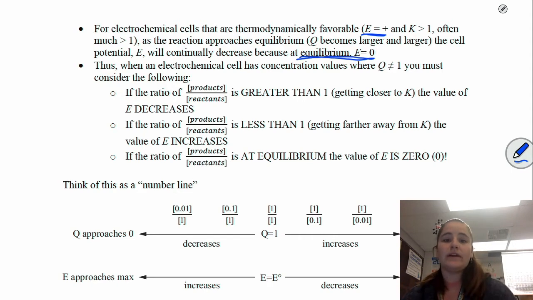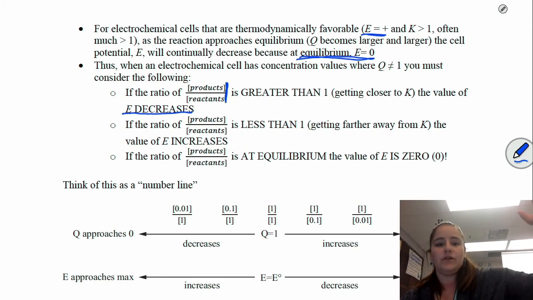Now, when Q is not 1, okay, it's 1 at standard conditions, if the ratio of products to reactants is greater than 1, the value of E is going to decrease, because it's going to have to go down in order to get to the K value.